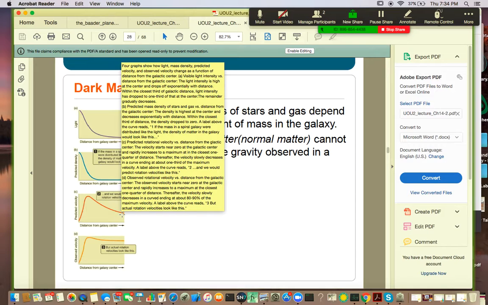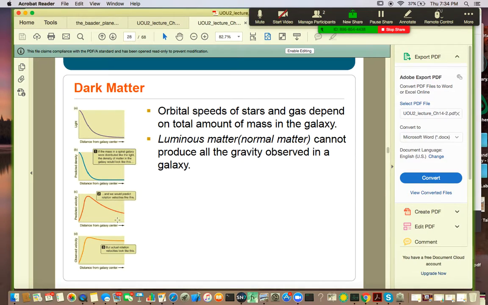Like planets further out from the sun, they orbit the sun at a speed that is less than the speed of planets nearby, like Mercury and Venus. So as you go to Saturn and Uranus, they move with a speed that's much less than the speed of Mercury. This is the so-called Kepler's law applied to planets. And when you apply it to stars in our galaxy, you would expect a curve like that.